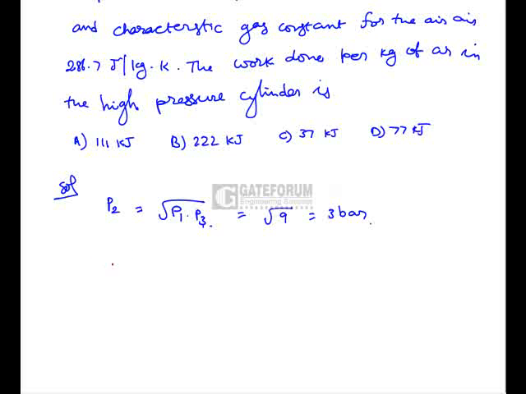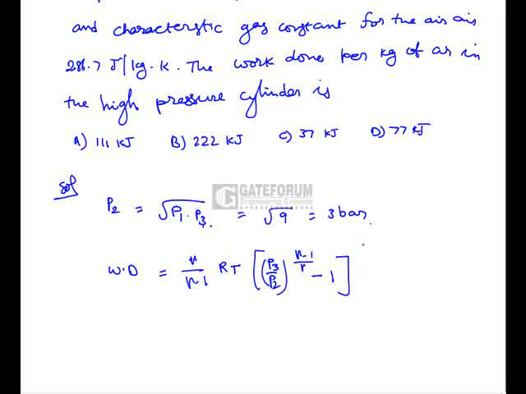So we know that the work done by the compressor is equal to gamma by gamma minus 1 RT into P3 by P2 power of gamma minus 1 by gamma, minus 1.